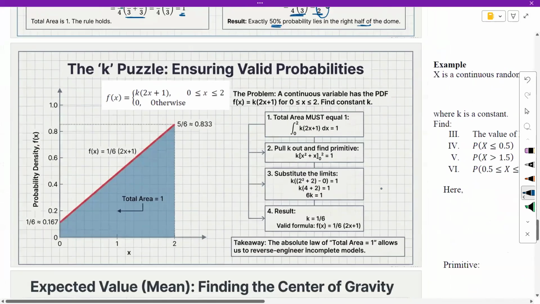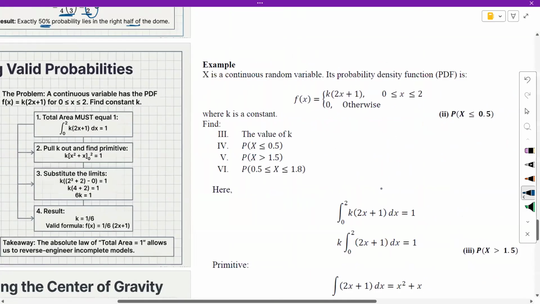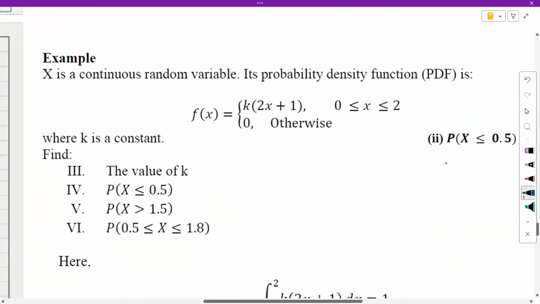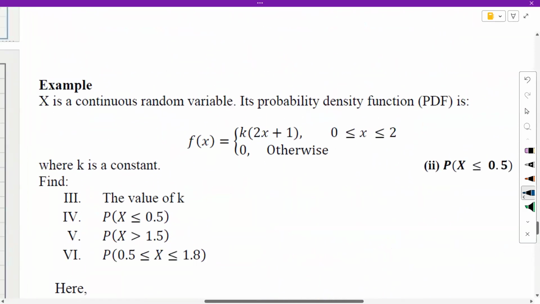Now let's see this one: the k puzzle, ensuring valid probabilities. A question is given to you. Example: X is a continuous random variable. Its probability density function, PDF, is given in this form, f(x).